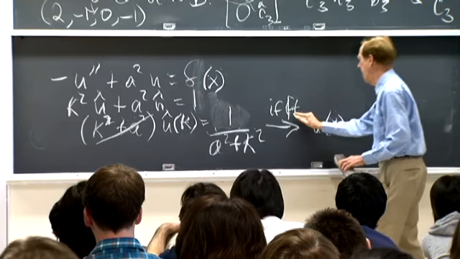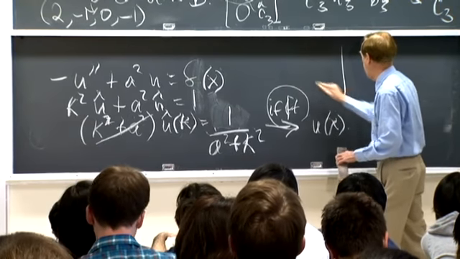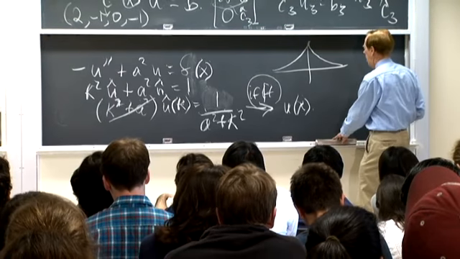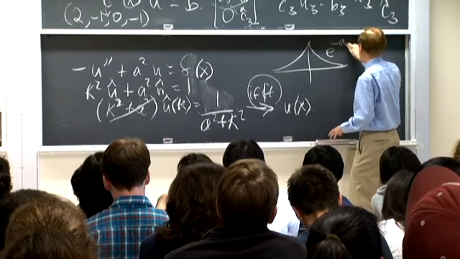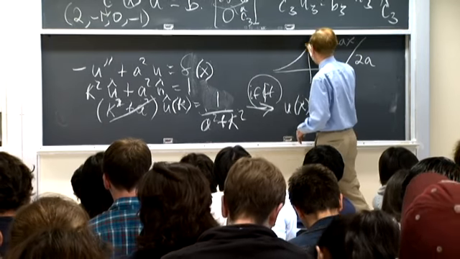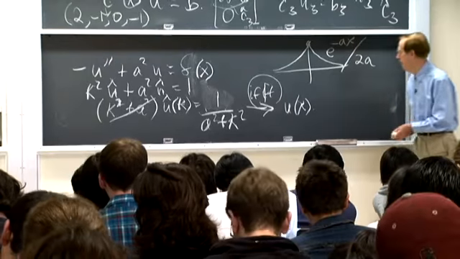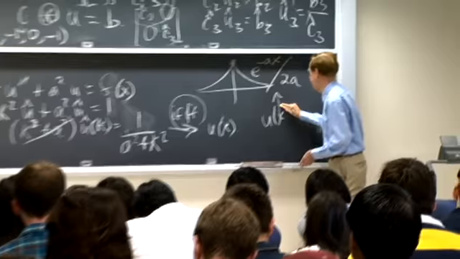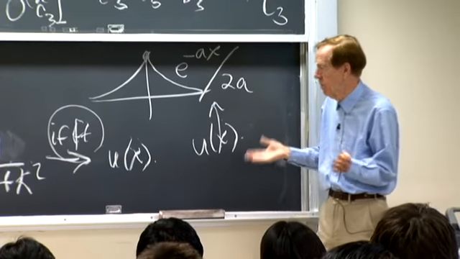And I did the inverse transform, and I got back to the function that I drew, which was e to the minus a|x| over 2a, and even. So this was the answer u of x. I was able to do that.